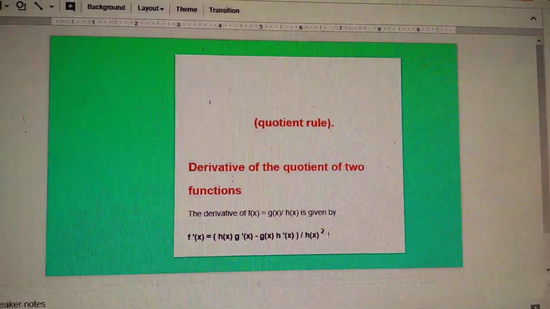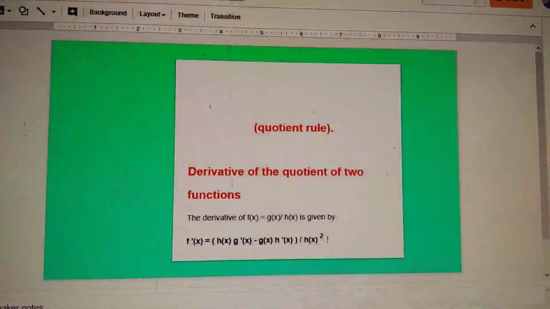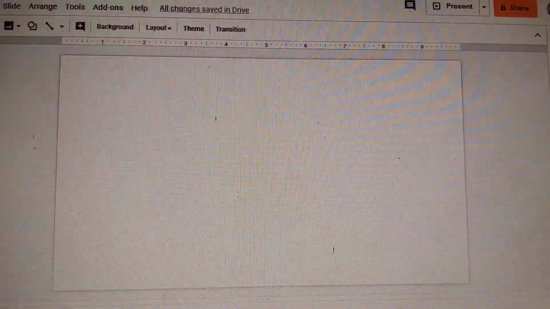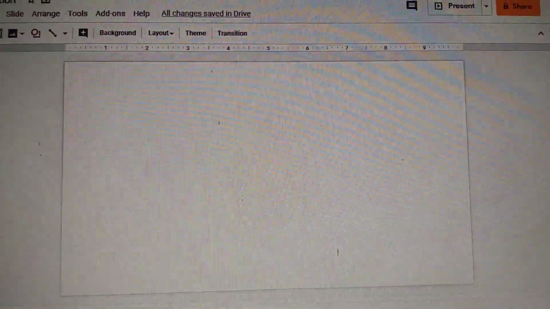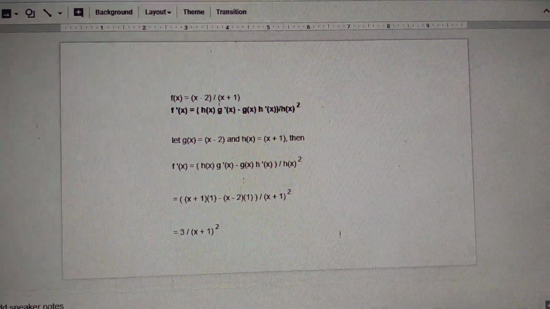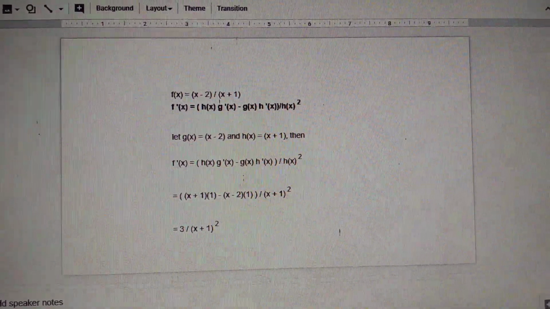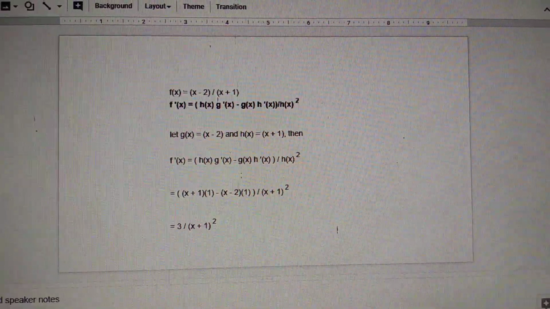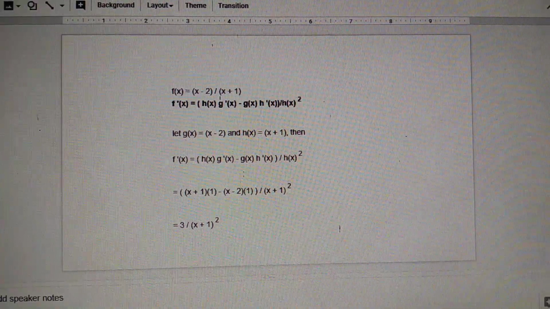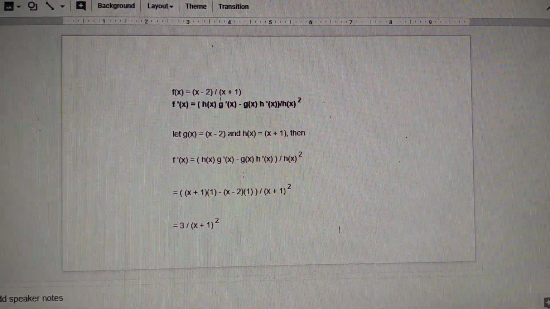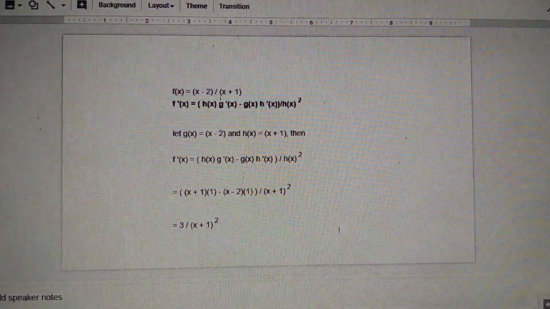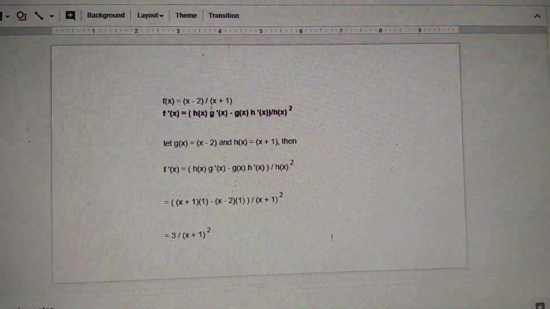So we can find the derivative of a quotient function by this formula. Consider an example. Suppose f(x) is equal to x minus 2 upon x plus 1. Here g(x) is x minus 2 and h(x) is x plus 1. Substituting in the quotient rule, we finally get the derivative 3 upon x plus 1 whole square.